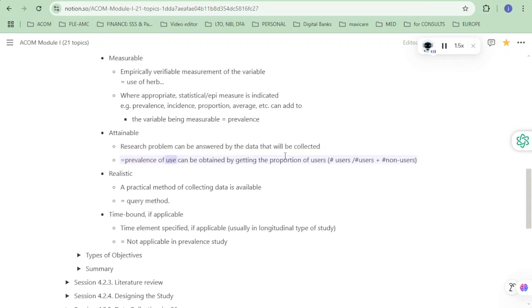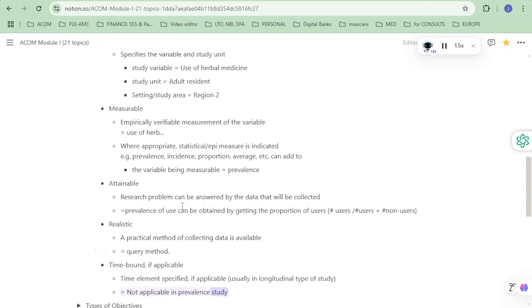Prevalence of use can be obtained by getting the proportion of users: number of users over number of users plus number of non-users. Realistic: a practical method of collecting data is available, the query method. Time-bound, if applicable: the time element is specified, usually in a longitudinal type of study. Not applicable in a prevalence study.